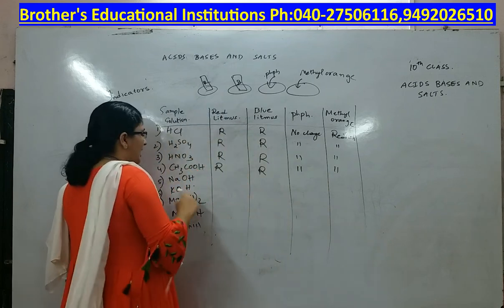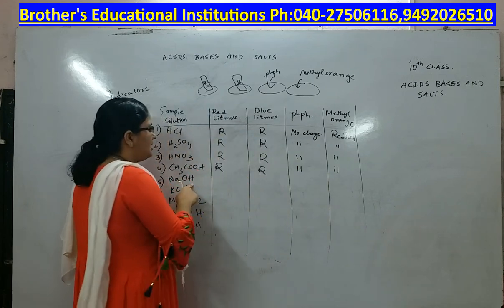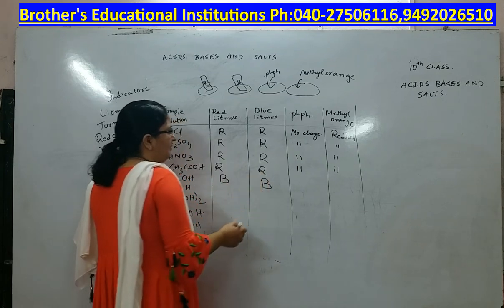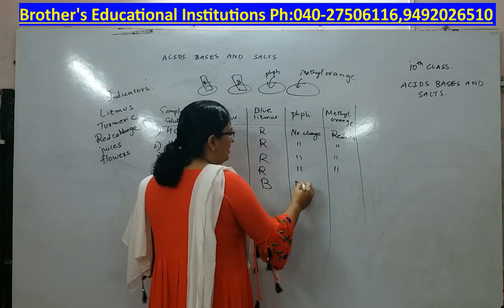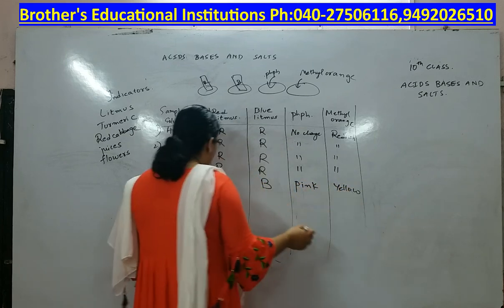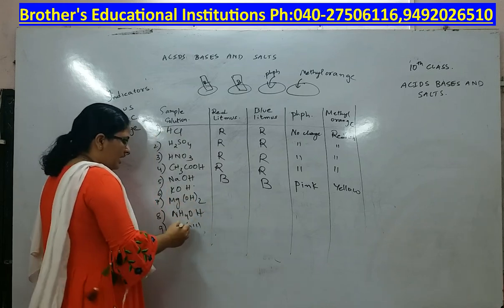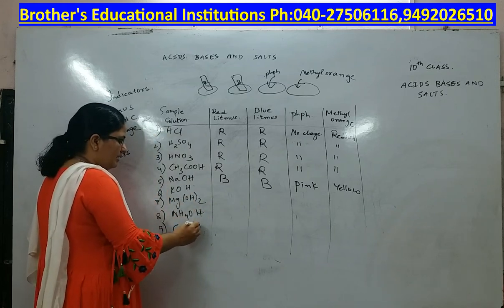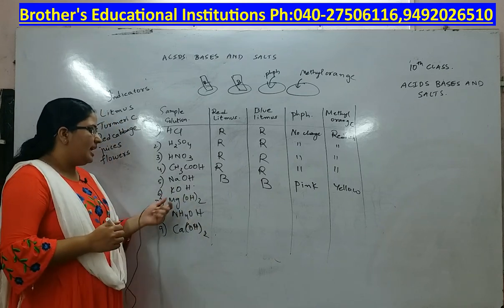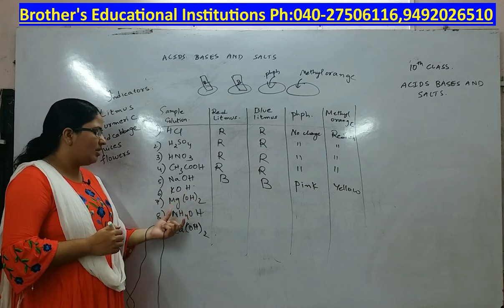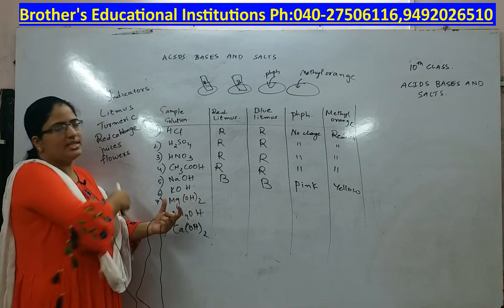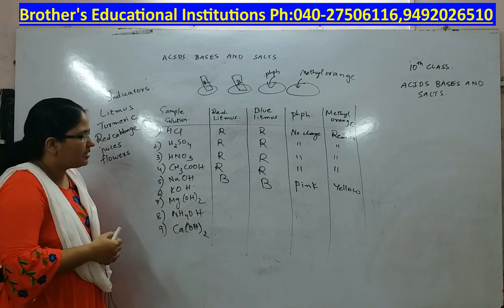NaOH is sodium hydroxide which is a base, red litmus turns blue, blue remains blue, phenolphthalein turns pink, methyl orange turns yellow. All these hydroxides are bases. KOH means potassium hydroxide, Mg(OH)2 is magnesium hydroxide, NH4OH is ammonium hydroxide, Ca(OH)2 is calcium hydroxide.